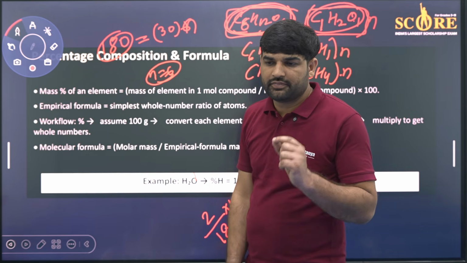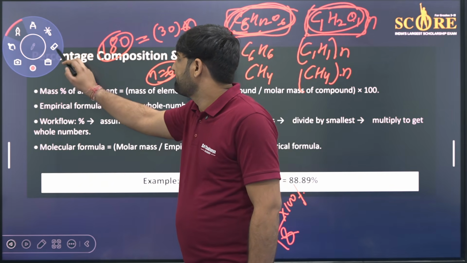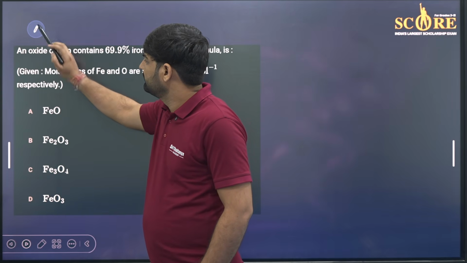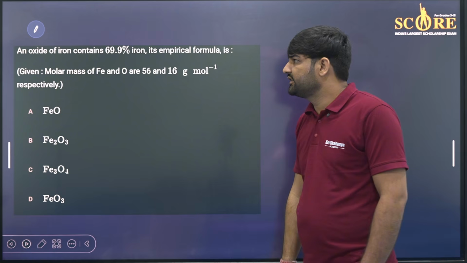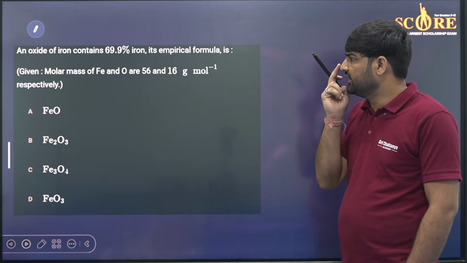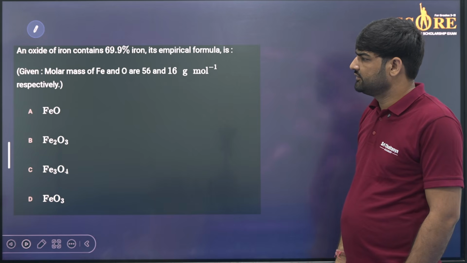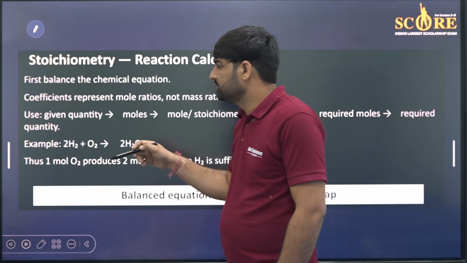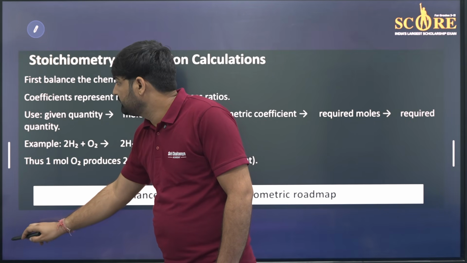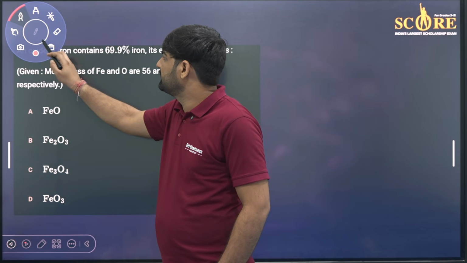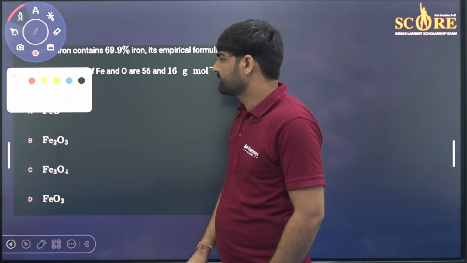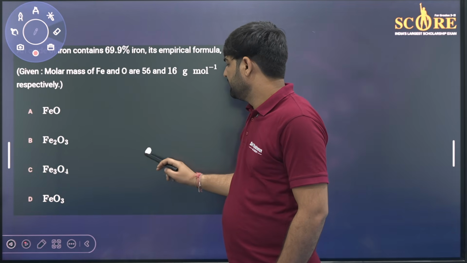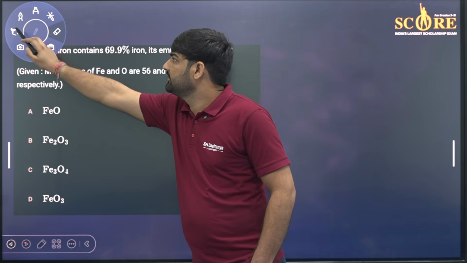So we take a simple example for empirical formula. An oxide of iron contains 69.9% iron. We have to find its empirical formula. First of all, you have to assume total mass equal to 100 gram.